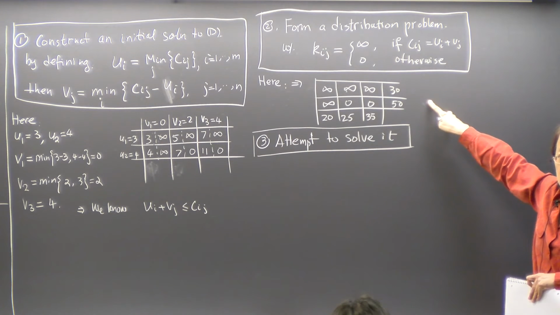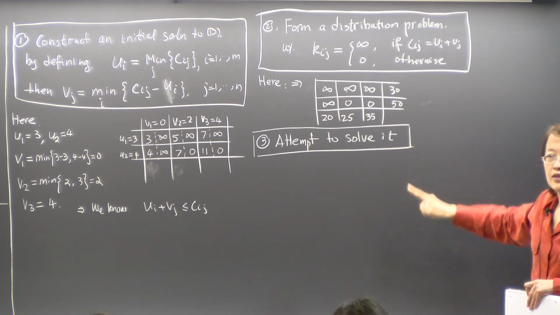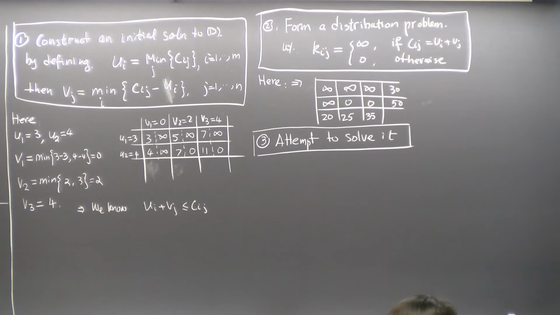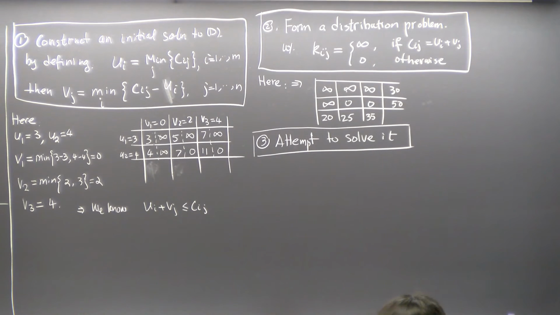Do you recognize this distribution problem? It's that one, isn't it? What you will have to do at that step is go through this and try to solve it. And you will find out that you get stuck. Is that right?